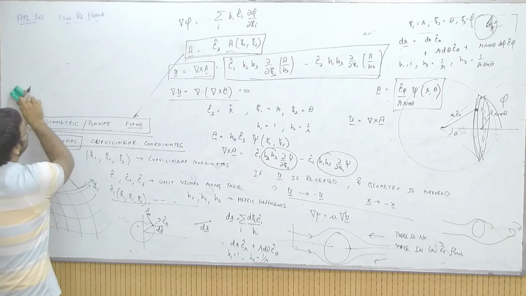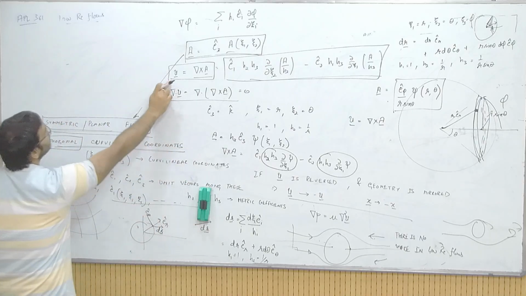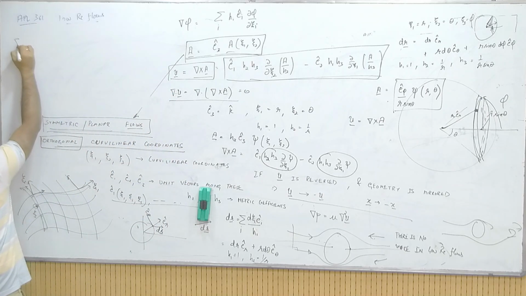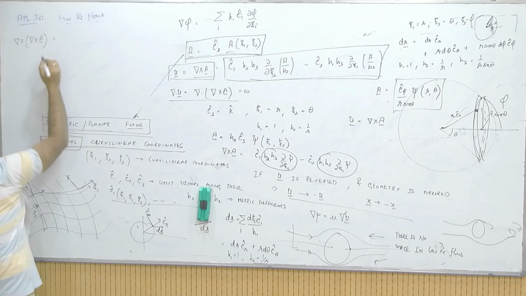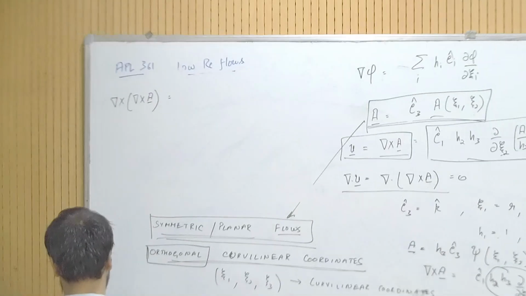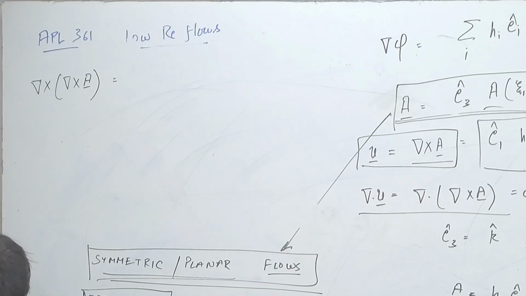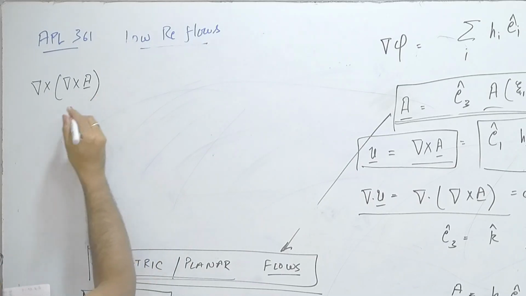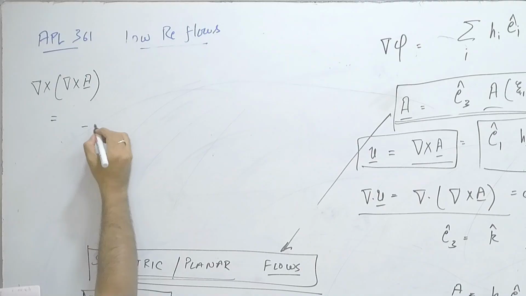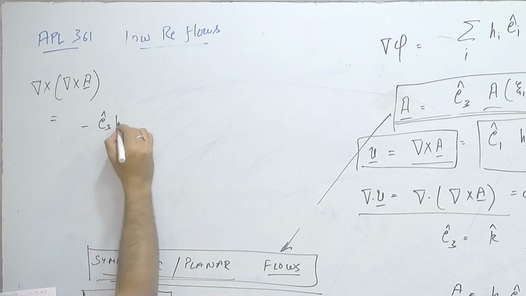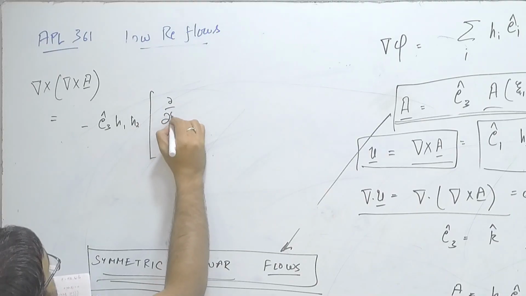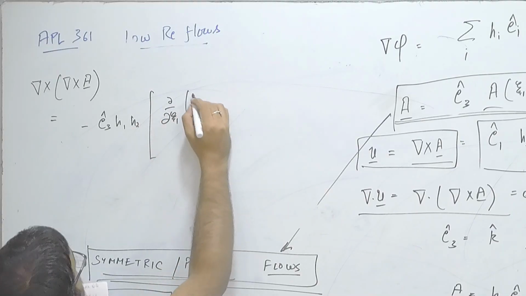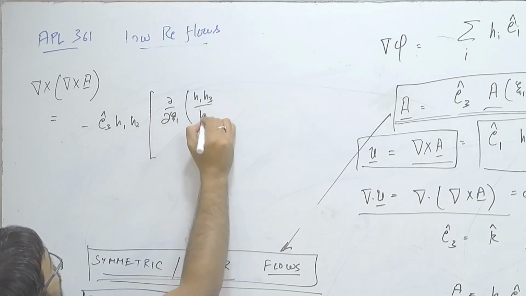Let me just give you one more definition, and that definition is what happens to del cross A. And this is actually defined as minus of E hat 3 H1 H2. It's a big expression, del by del C1 H1 H3 by H2.